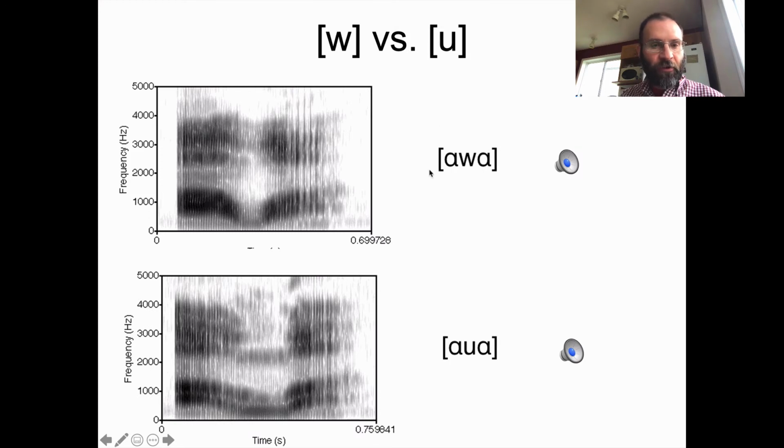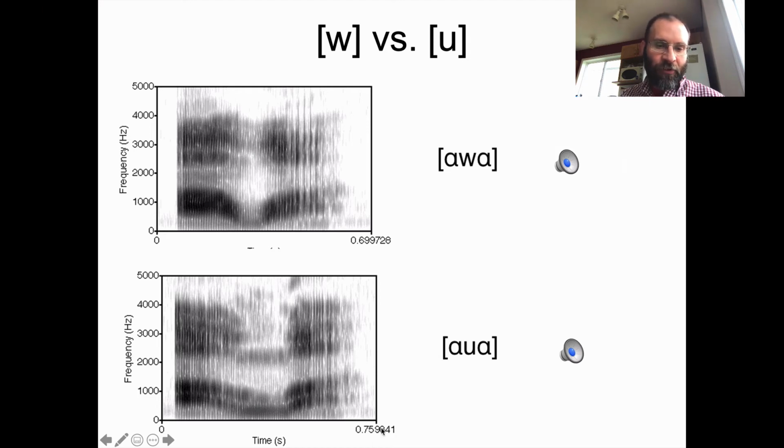We see the same sort of pattern with the high back rounded vowel, or a labial velar glide. So with this one, we should see the same formant pattern we see with an U, where F1 and F2 will both go down. And also we see a lessening in the intensity of these higher formants.